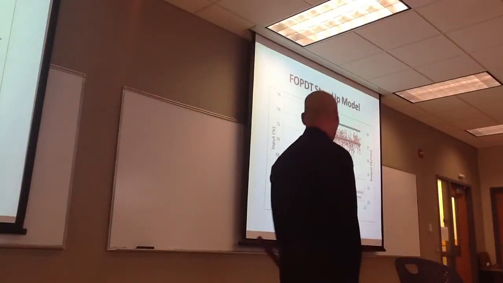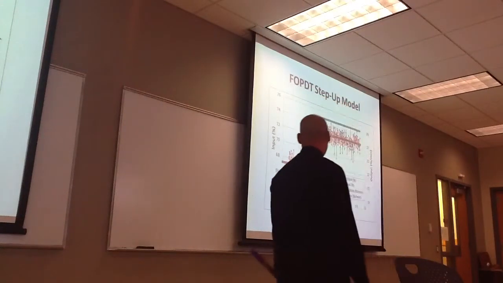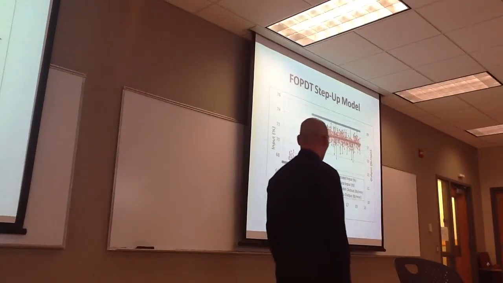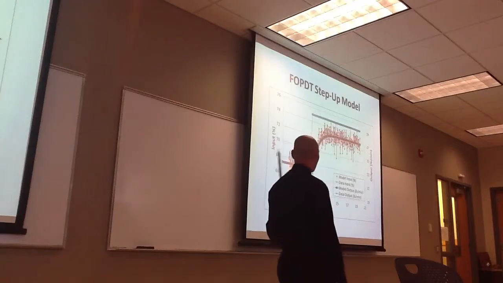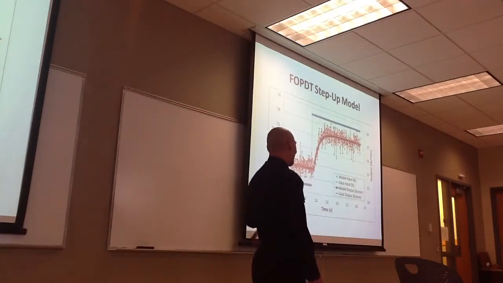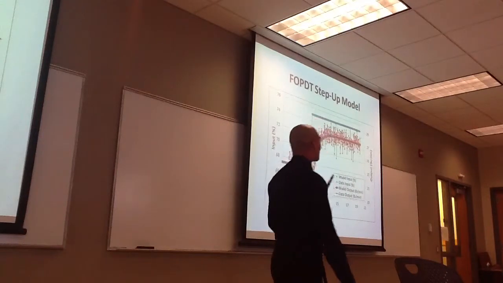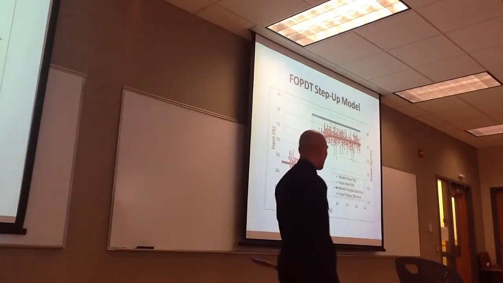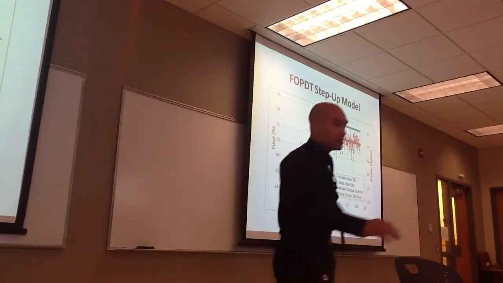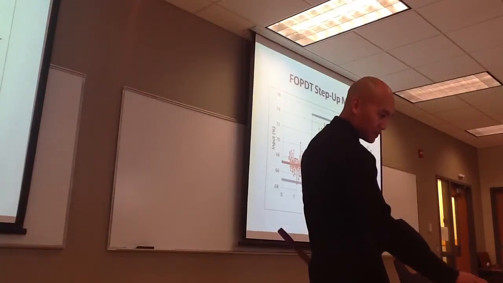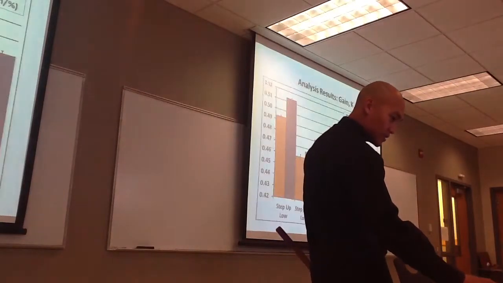And this is the FOPDT step up model, and we just use this slide just to have something. For our team, we do the step down, but we're using this just to show that it's a step up, and then we're going to show you our step down information.